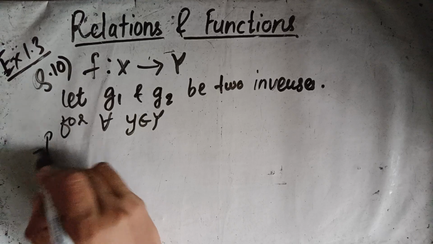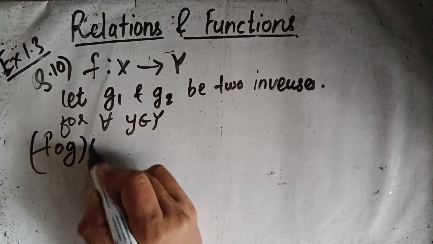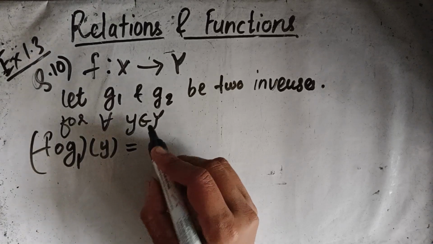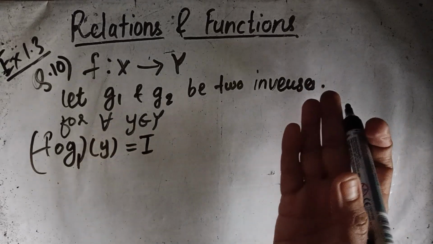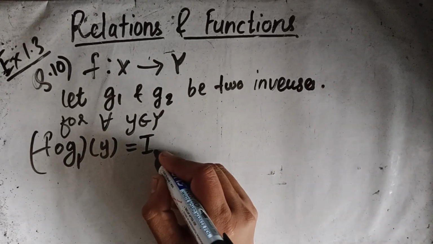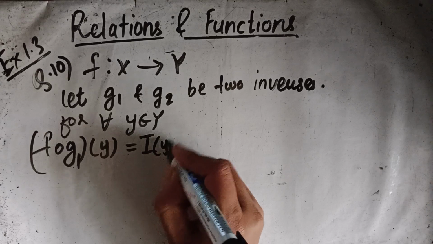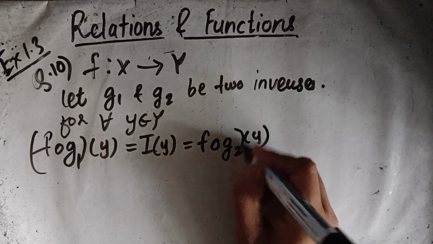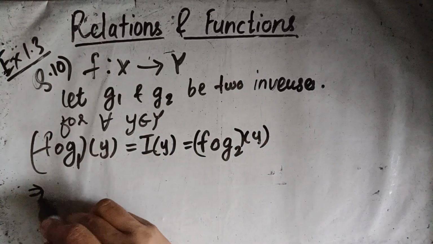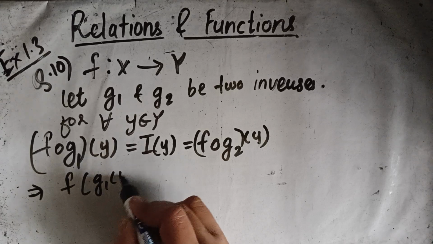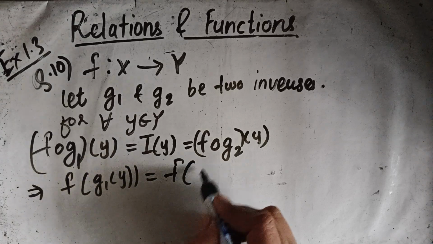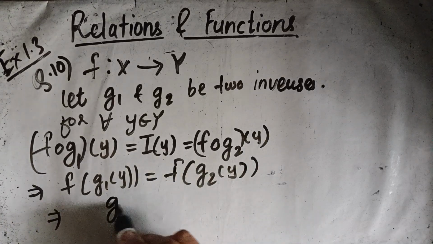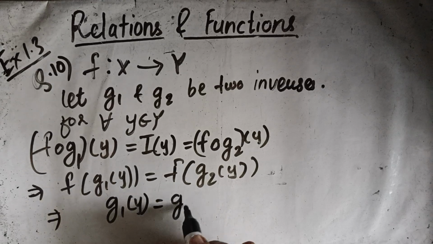So I'll take f composite g1 of y, which is equal to identity of y, as it is given to be invertible, and f composite g2 of y. So f of g1 of y is equal to f of g2 of y. So we have to prove that these inverses are equal.